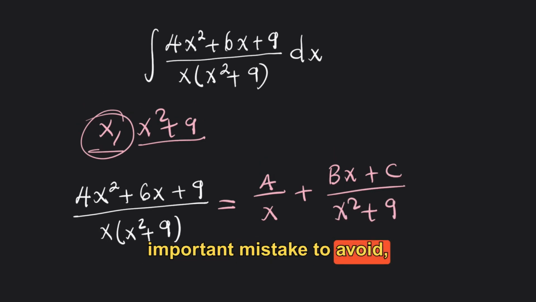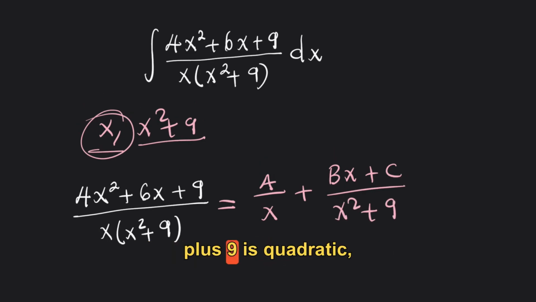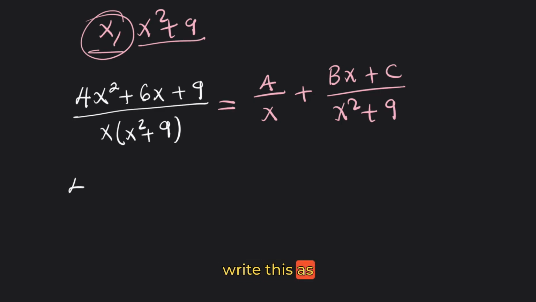Important mistake to avoid: since x squared plus 9 is quadratic, the numerator above it must be a linear function. That is why we wrote Bx plus C, not just B. Okay, so now we can go ahead and write this as x squared plus 6x plus 9.